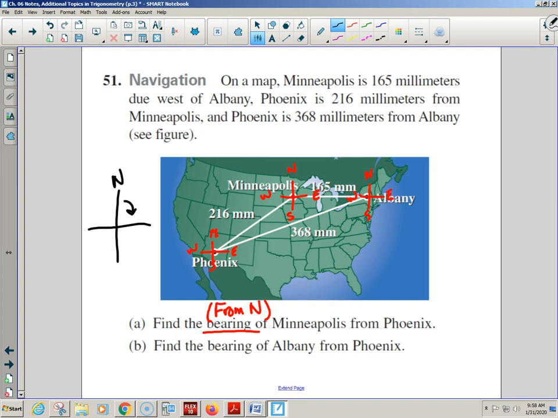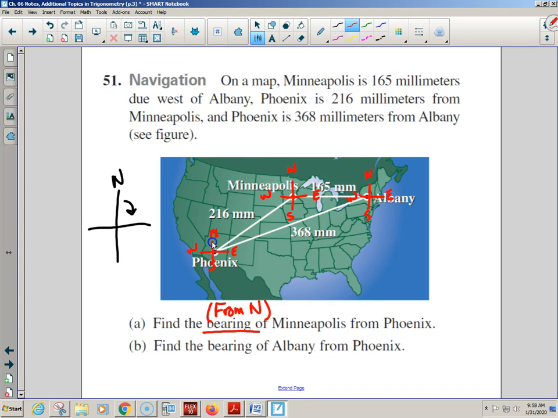Everything's kind of gotten turned on end so that this is kind of like our positive x-axis because we're starting there, and that's kind of like our positive y and our negative x and our negative y. It all got flipped around. So anyway, bearing of Minneapolis from Phoenix. What is that saying?